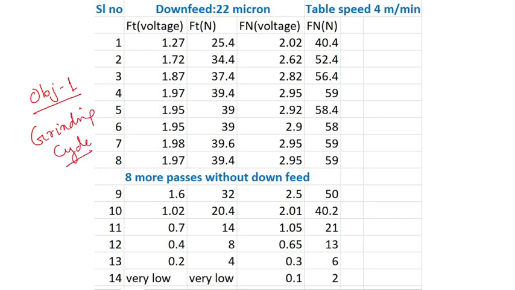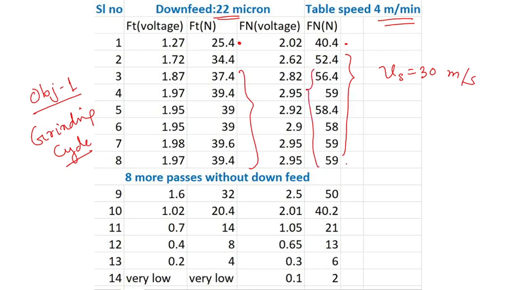This has been done at Vs equal to 30 meter per second, table speed of 4 meter per minute and downfeed of 22 micron. As you can see, the first is 25 Newton and this is 40 Newton. Then gradually it becomes stable, from the third pass onward, not exactly from this one.